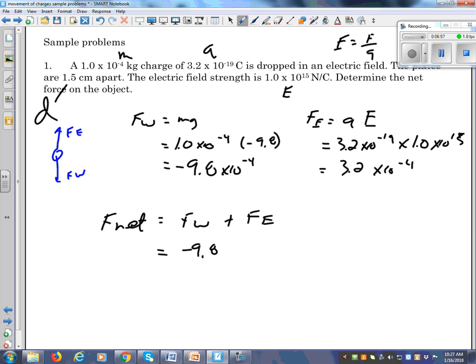So mine is minus 9.8 times 10 to the minus 4 plus 3.2 times 10 to the minus 4. You should get minus 6.6 times 10 to the minus 4, and that would be newtons.